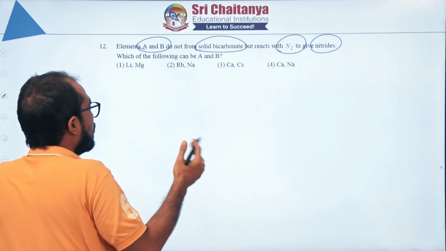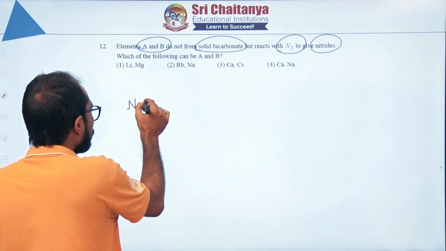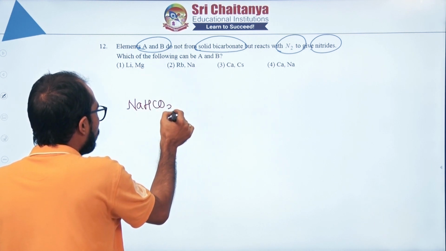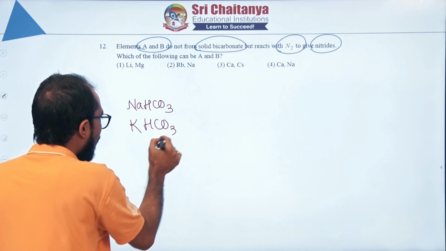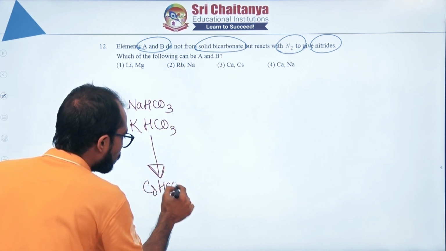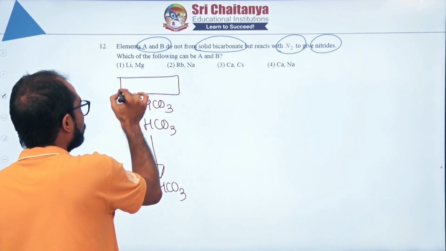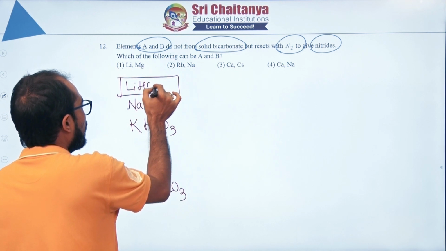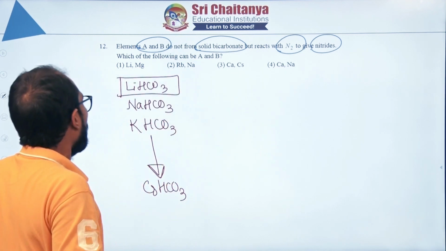solid bicarbonate, see, only these bicarbonates are solid. Sodium bicarbonate, potassium bicarbonate, and this way you move down to cesium bicarbonate. Only these bicarbonates are solid. Now, what is this fellow here? This fellow is lithium. So, lithium bicarbonate is also not solid, but it is found in solution.